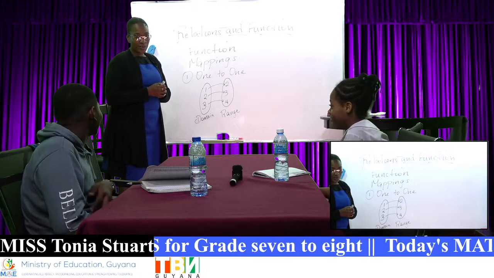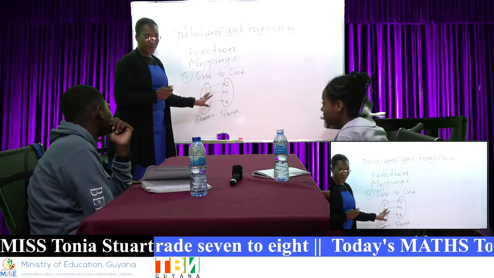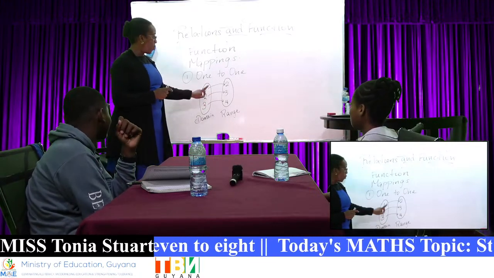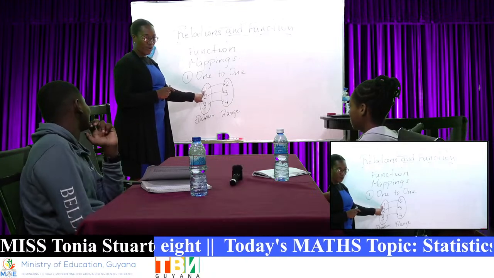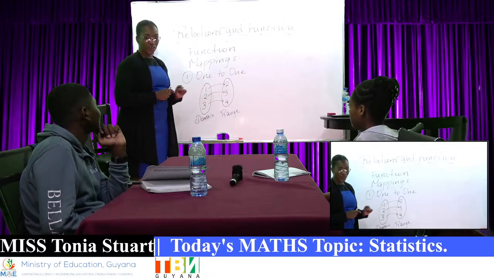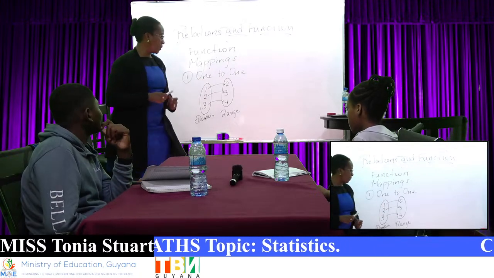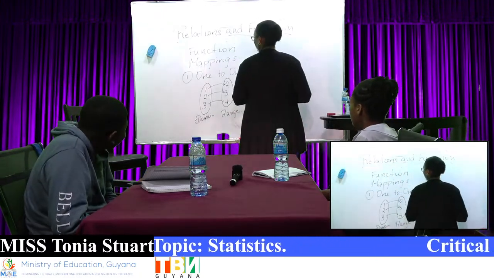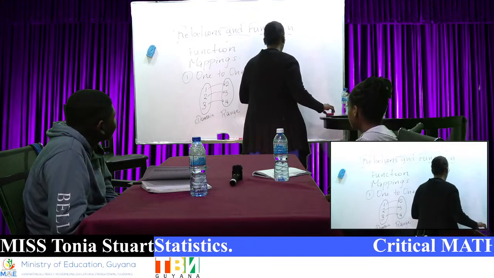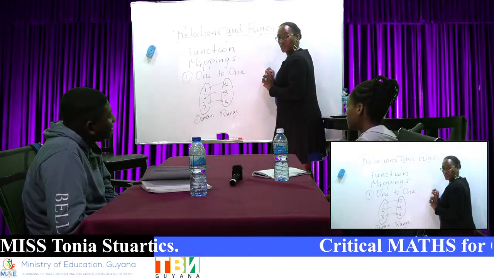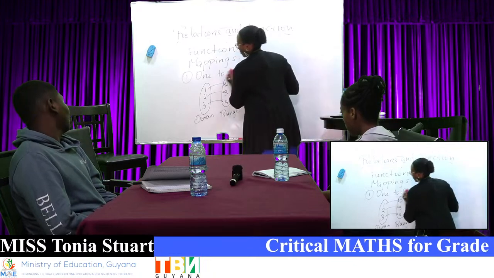Agree, Shamar? Or should we have many? One. So one boy to one girl. Right? So that is a one-to-one mapping. Now, do you think you can remember that? Yeah. One-to-one. All right.